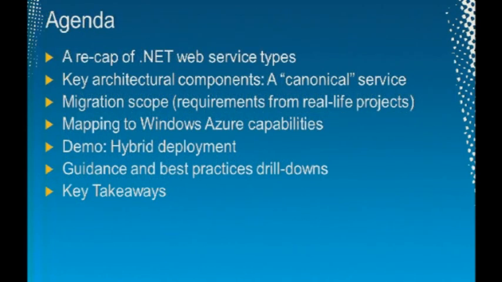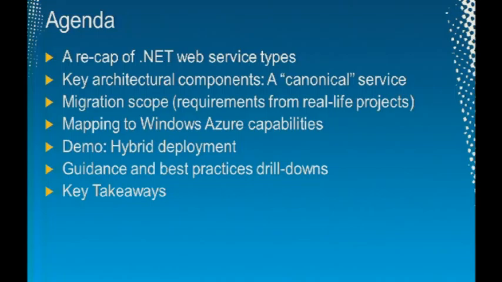So the agenda: we are going to do a quick recap of the different .NET services and what the types are. We are going to introduce what we call a canonical service implementation. This is our frame for the talk today, effectively. Then we are going to talk about what the migration scope is, and this is based on real-life requirements that we've heard from customers and engagements that we were engaged in.